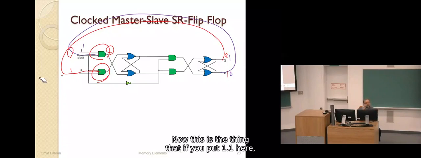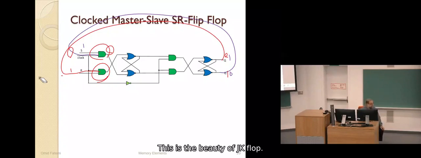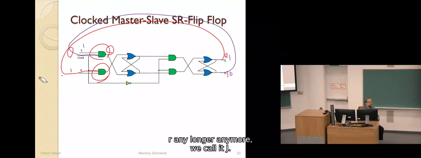And now this is the thing, that if you even put 1 and 1 here, then let's look at what happens. This is the beauty of the JK flip-flop. S and R, which we don't call S and R any longer, we call J and K. If J and K, both of them are 1, let's see what happens.